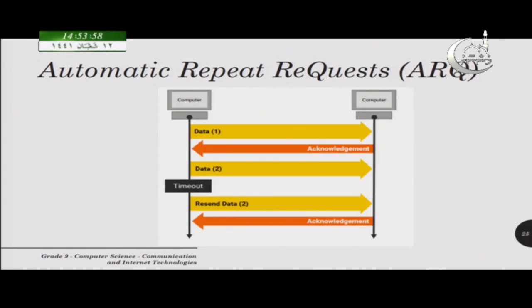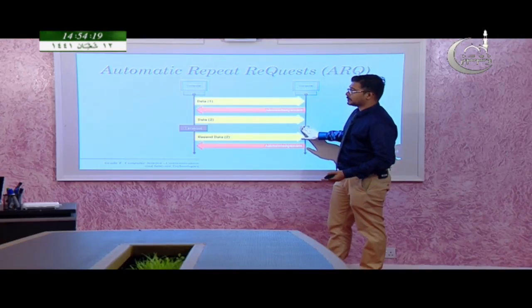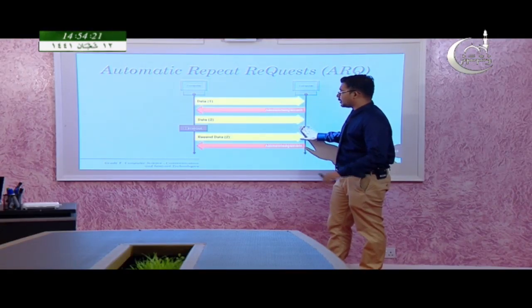To make it clearer, I have a diagrammatic representation. Let's say there are 2 computers, A and B. Data 1 is sent. The computer sends an acknowledgement within the time period. Okay, everything is fine. The next time, data 2 is sent and there is a timeout period, let's say 30 microseconds or 15 microseconds, depending on the settings.